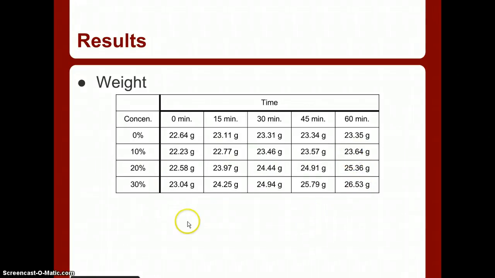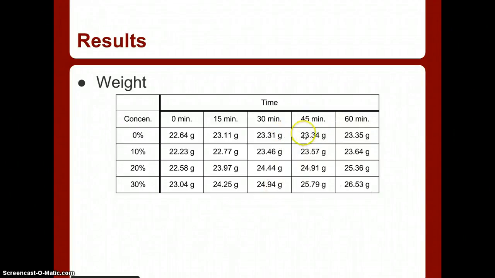The general trend here is if you look down at the minute marker, and I'm sorry, earlier I said we weighed the bag 4 times, I think. We did weigh it 5, once at the beginning, and then every 15 minutes, 4 times. The general trend here, you can see it for 30, 45, and 60 minutes, is as the concentration goes up, the weight goes up.